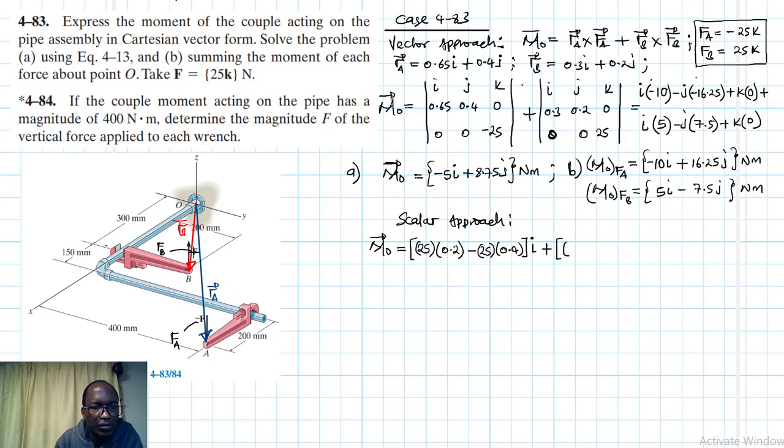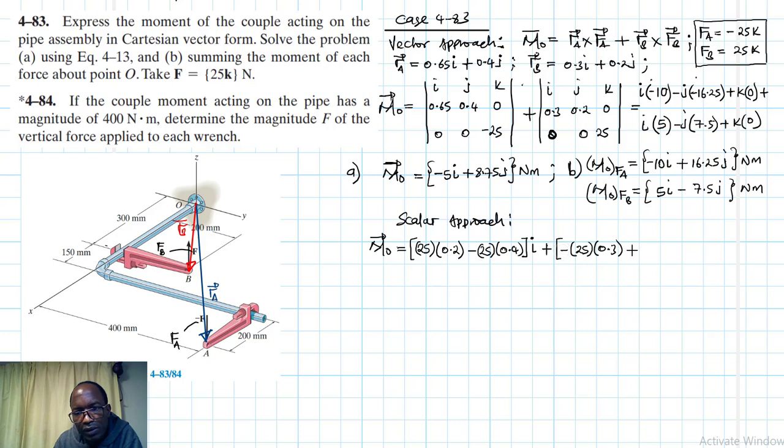The same F, this one here again, moment about the y-axis is giving us a negative, that is 25 times the lever arm, which is 0.3. It's giving us a negative, so let me move this so that I put a negative somewhere there.